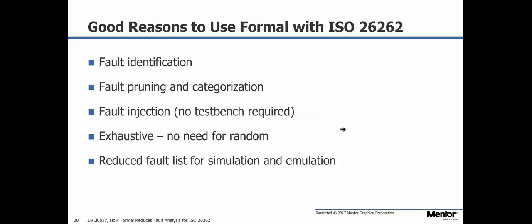We have seen this before in the talk from Jörg from OneSpan, where some signals for the safety mechanism have to be set to some value. Of course, you can do this, and you can correct the results. Formal verification is also used to optimize faults that are used by simulation and emulation.